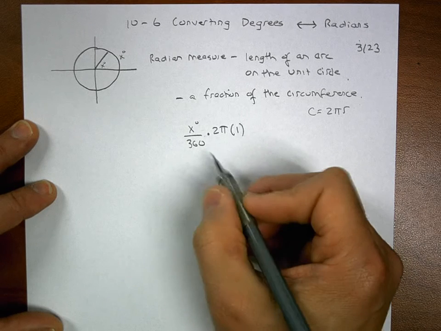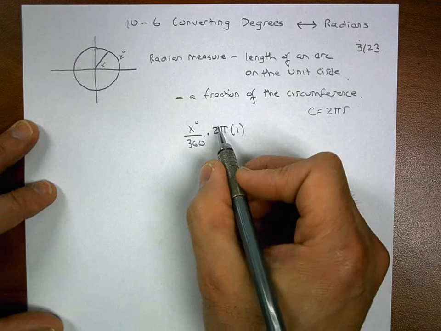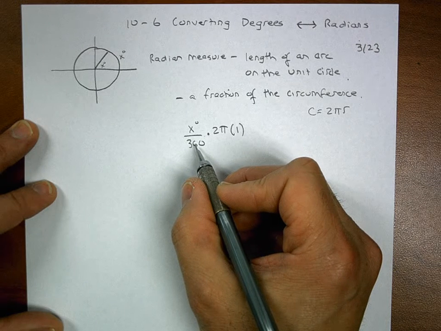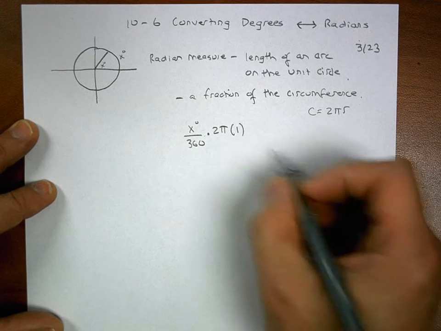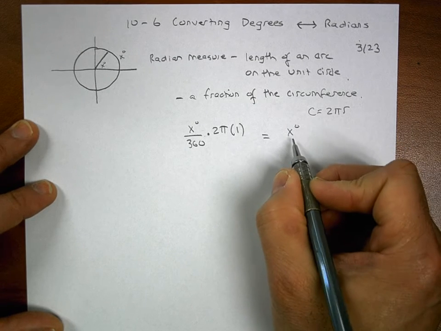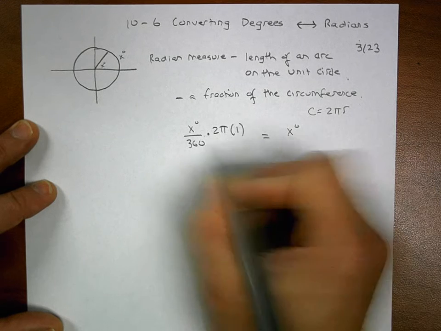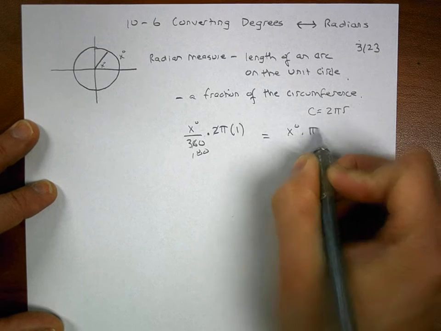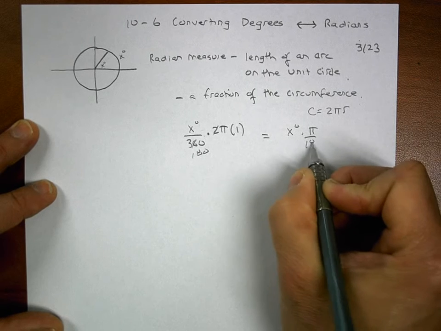Can we reduce this a little bit? Yeah, we could reduce the 2 into the 360. How many times does that go? 180 times. Okay, so I'm going to write it like this. So x degrees times pi over 180.